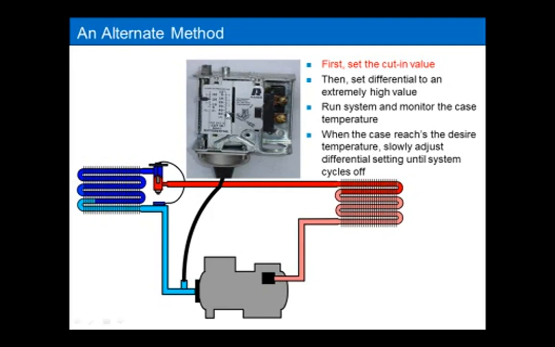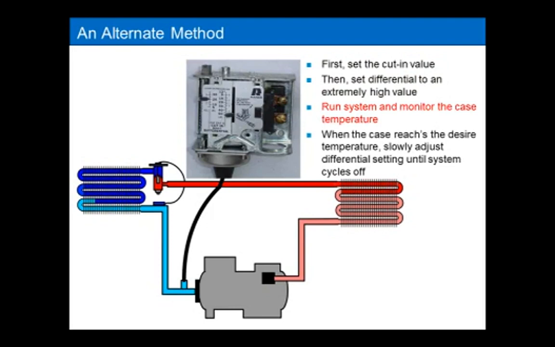All right, so once you get your pressure cut-in set properly, then go ahead and take your differential value and set it high. Give it a value of 30. Give it a very high value. And then run the system. Run the system, monitoring the case temperature.